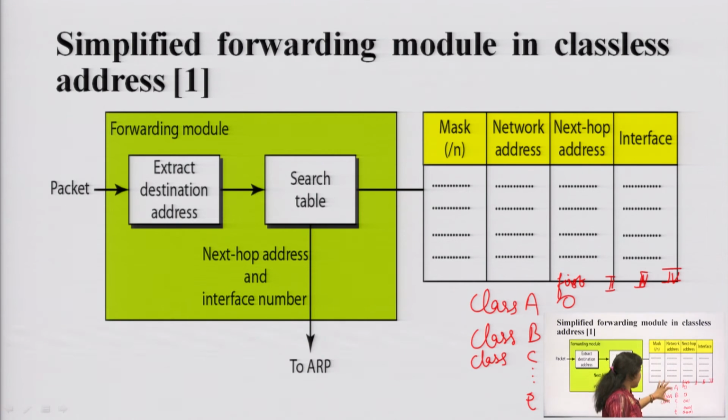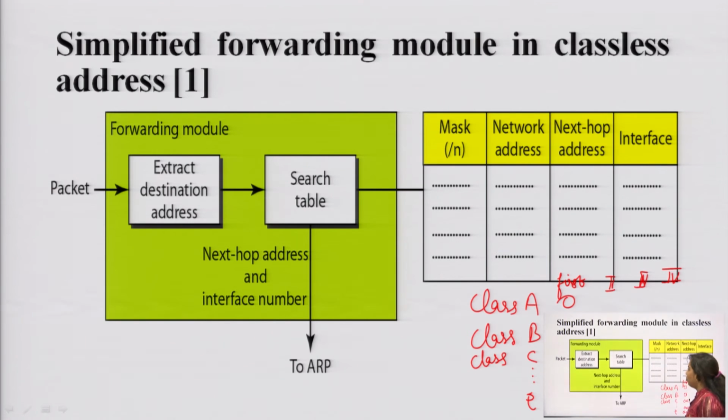This is a kind of class address table which has been maintained, so that if a particular IP address has been received, then you can look at this table and clearly find out whether it belongs to class A, class B, class C, class D or class E. So, this is a simplified forwarding module.